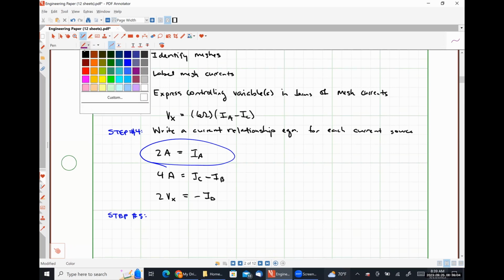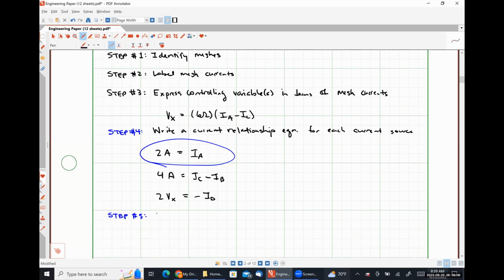So our step number 5 here is going to be to write a KVL equation for all super meshes that contain only interior current sources.